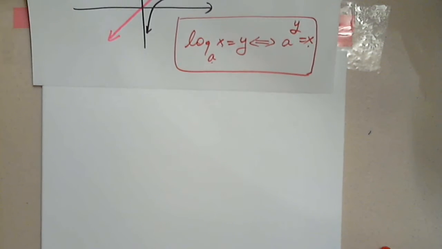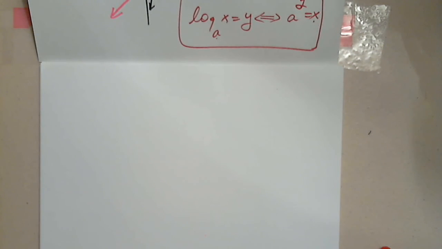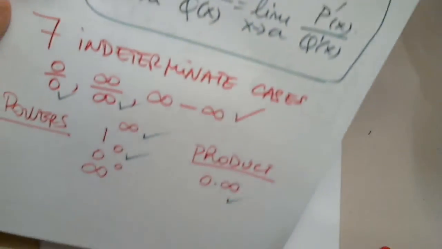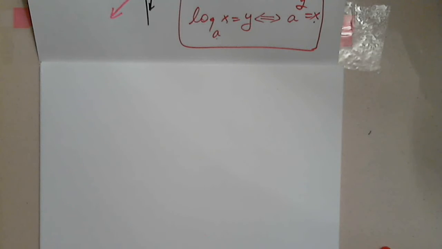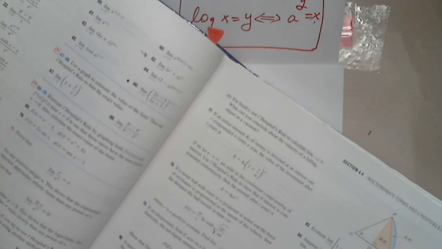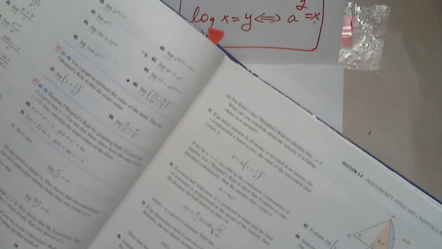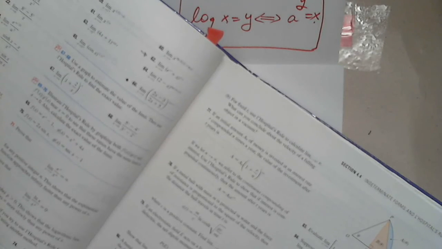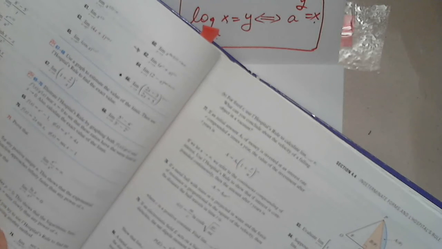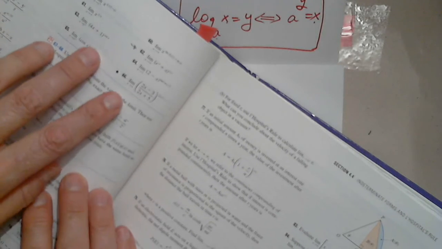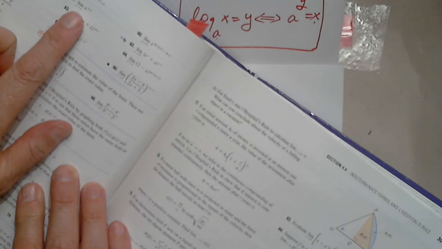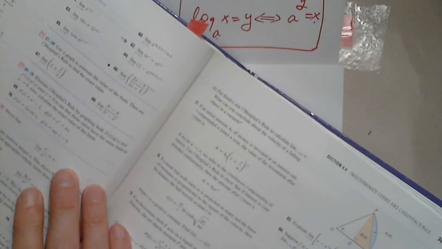Very good. So the only one that I did not find an example quickly for is this one. So if you want to give me another second, I may be able to find one of infinity raised to 0. Here it is, number 61.